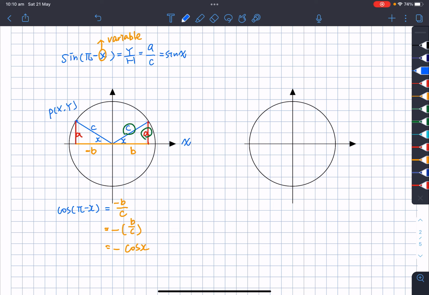I can do again cosine of pi minus theta. So this helps you use it. I change the variable because you can use pi, theta, alpha, it doesn't matter. So pi minus theta will be here.